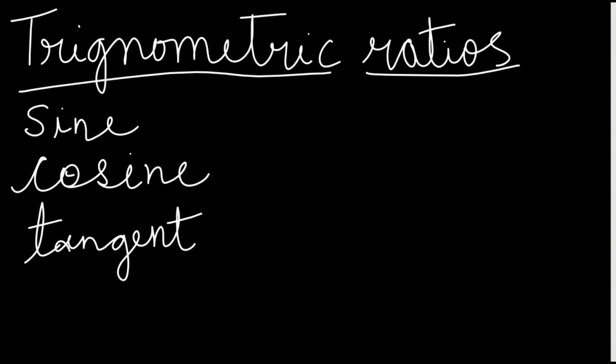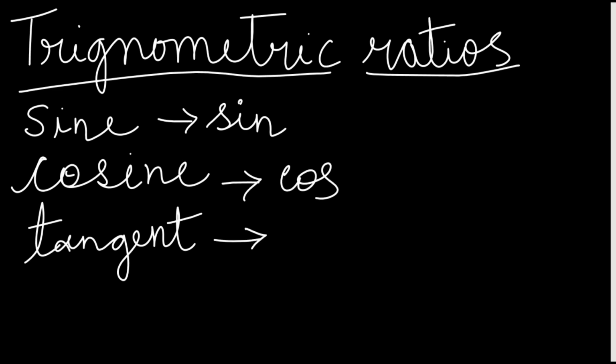The common trigonometric ratios are sine, whose symbol is sin, then cosine, whose symbol is cos, and tangent, that is tan. This is how we will represent sine, cosine, and tangent.